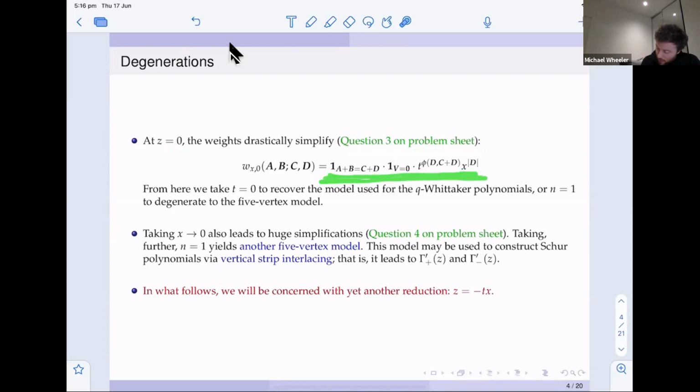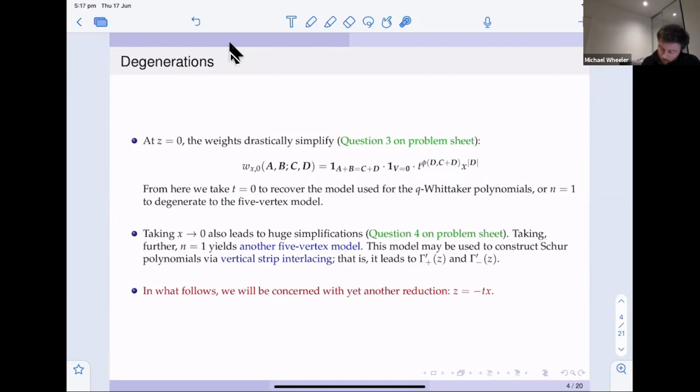And further from there we can then take t to 0. If you take t to 0, this thing here will basically collapse to an indicator function. In that case, you get exactly the same model that was used for the Q-Whittaker polynomials. So already this model will reduce to Q-Whittaker polynomials. And furthermore, in this expression, if you take n equal to 1, you just get down to the 5-vertex model. So already there are some very nice degenerations of the model as written.